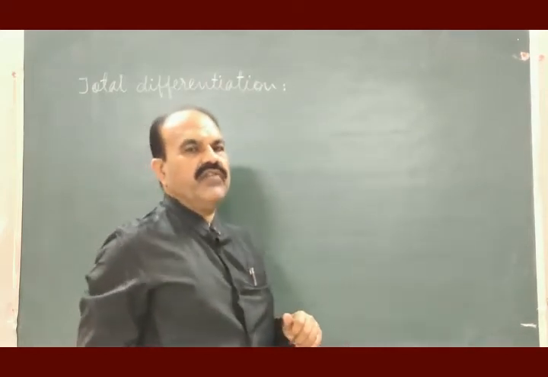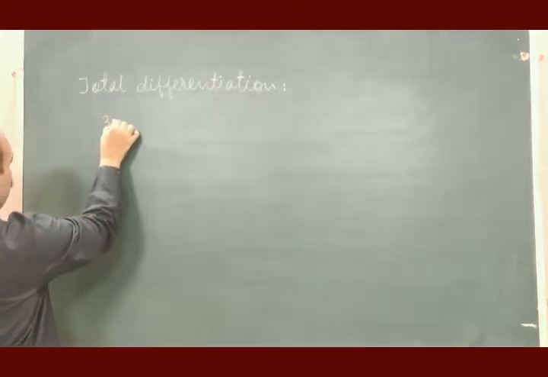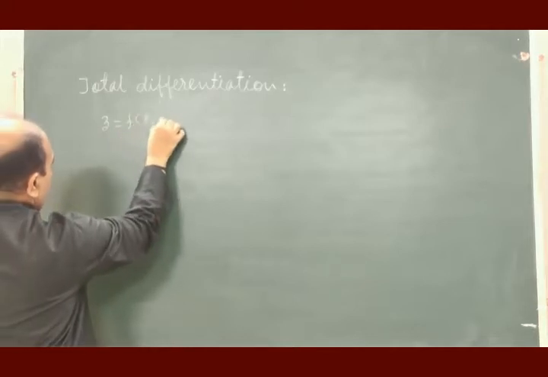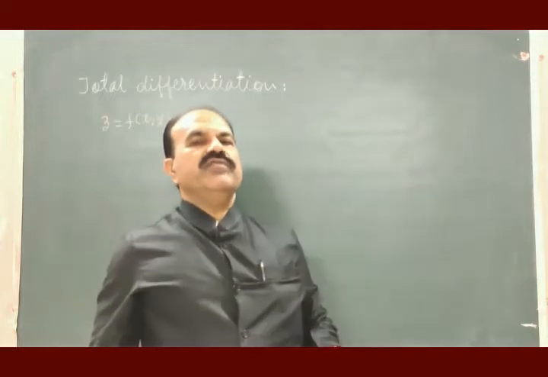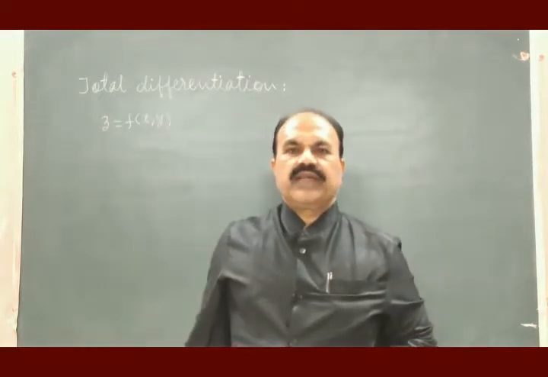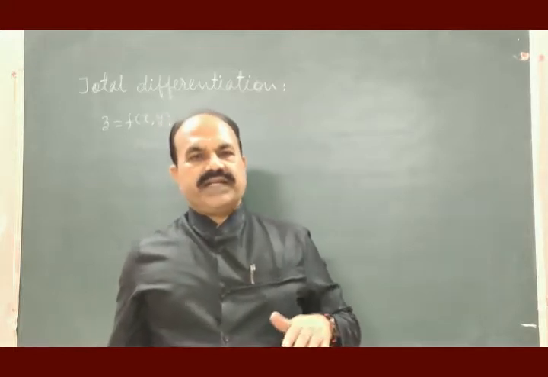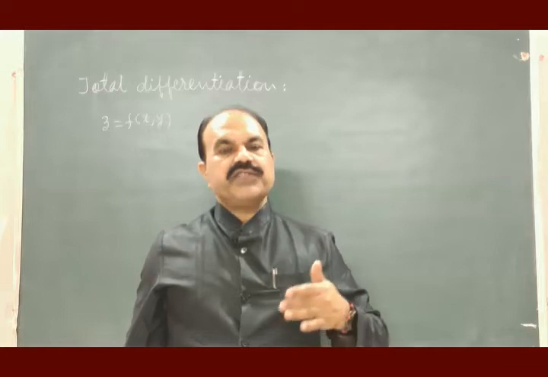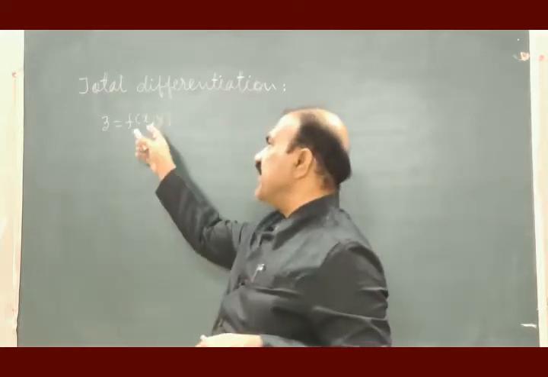let us consider a function z is equal to f of x y. Z is a function taken as dependent variable. It is function of two independent variables x and y.